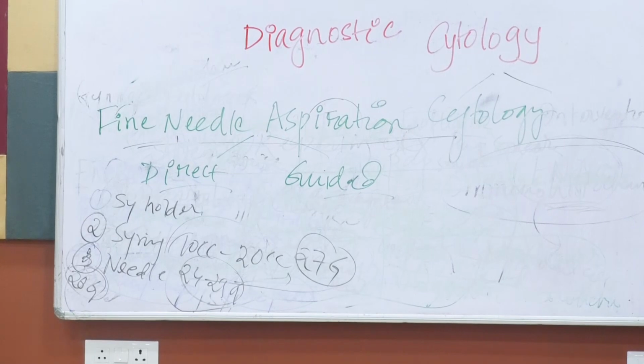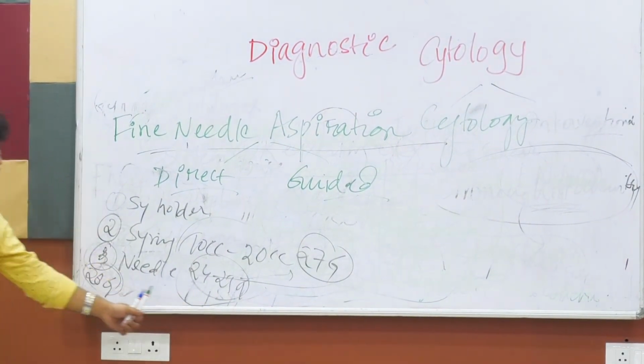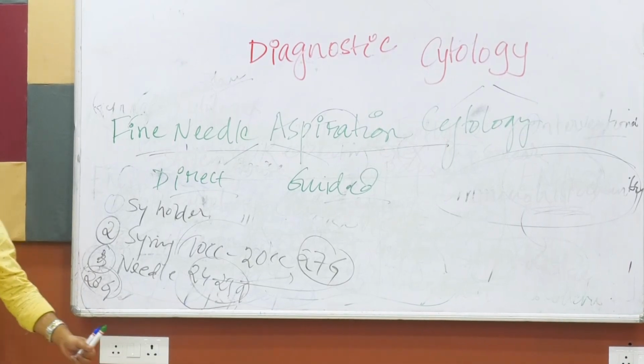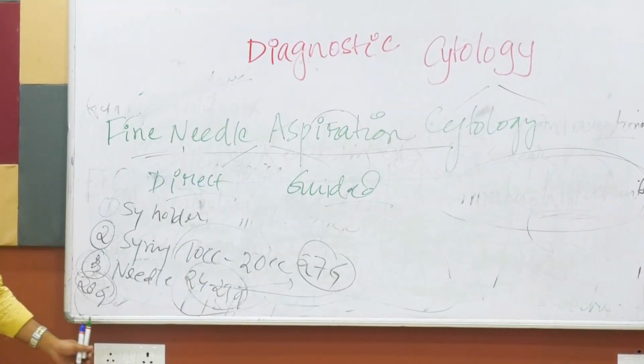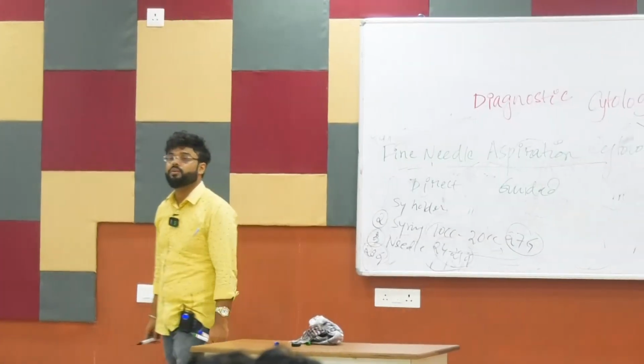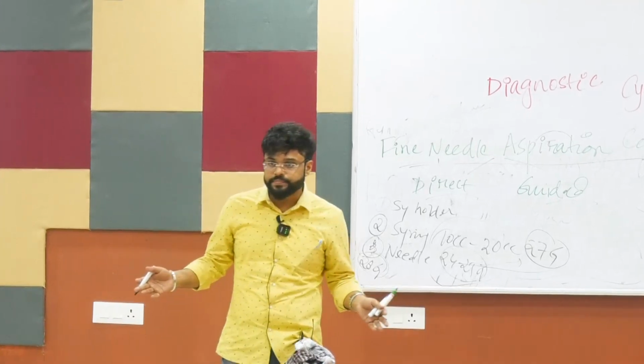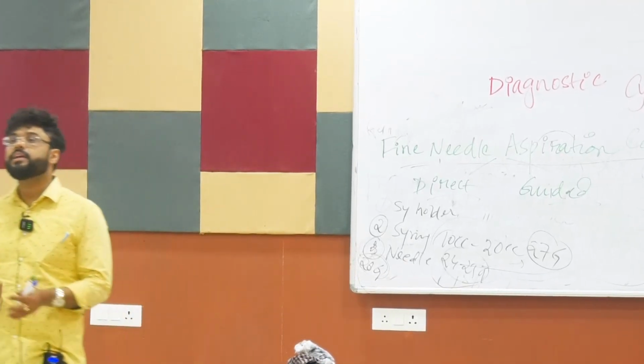This is very important. Ideally we do the FNAC by a 24 to 25 gauge needle, but in case of bony tissue we use a 20 gauge needle, and in case of a child we use a 27 gauge needle. Besides this, a glass slide is needed. Over there we spread the sample.